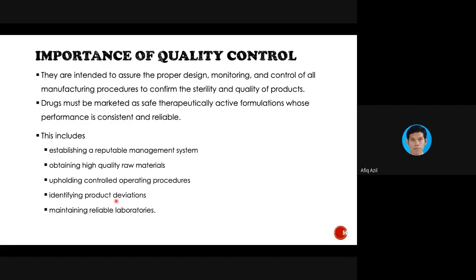So, identifying product deviations. If the products obtained have a different specification, you need to identify that using QC, quality control, and also maintain reliable laboratories. This falls under ISO 17025.